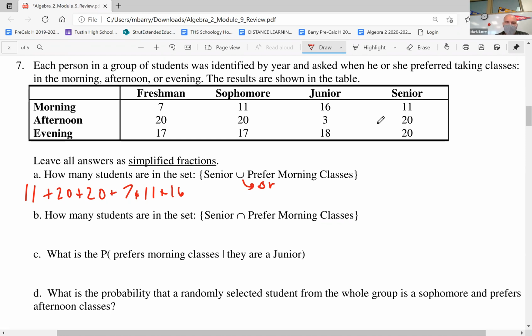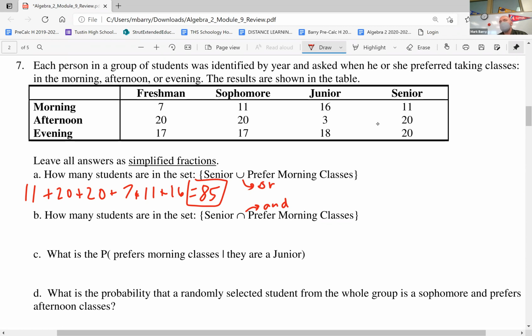And we get 85. All right, so the next one is how many students are in the set, seniors and prefer morning classes.